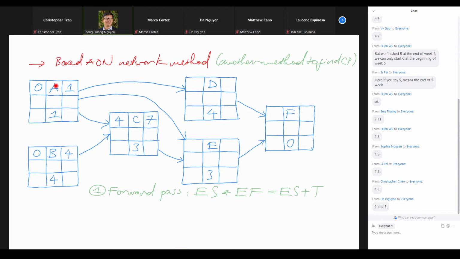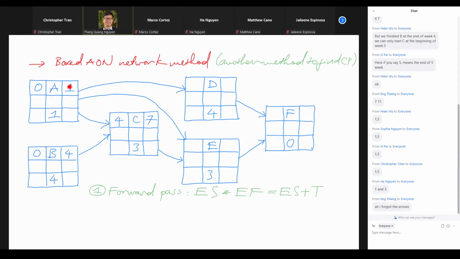So that's why we need to look at the end of A. We have to finish A before we start D, right? So we look at the end of A, which is 1 right here. So after that we can start D, right? Now, don't worry because we are still early on in the learning process, so it's okay if we miss something. Now we are more conscious about the arrow, right?